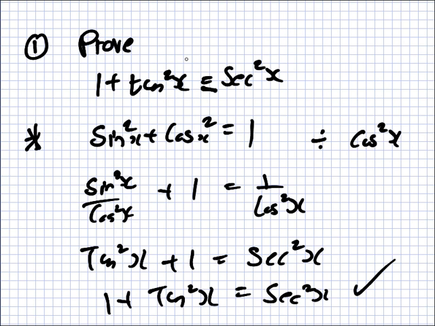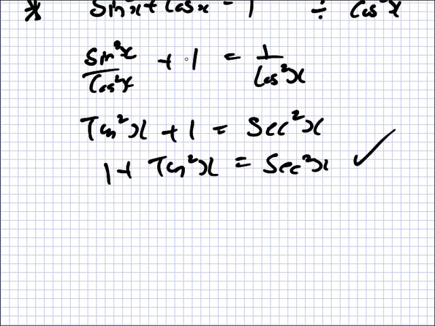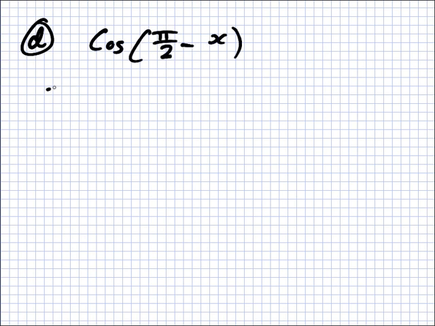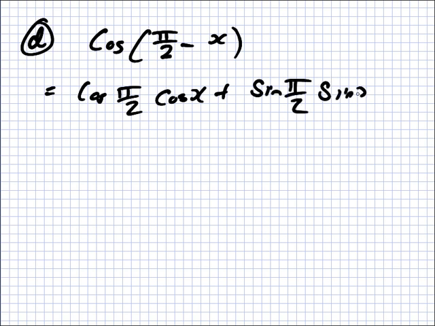Next, I'll do D. Right, well that one's not too bad. You could say cos of pi over 2 minus x is equal to cos A cos B plus sine A sine B. What's cos pi over 2?